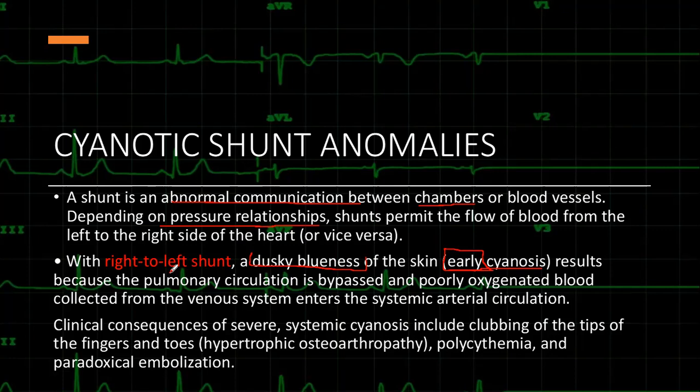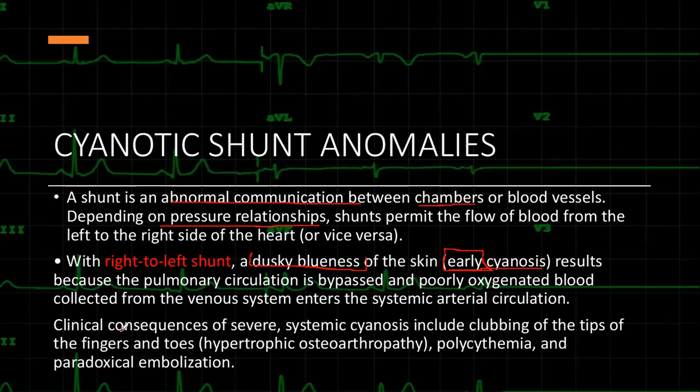Why? Because eventually, due to increases in the pressure in the pulmonary circulation in the left to right shunt, there'll be a shunt reversal, the Eisenmenger syndrome. So at first they are acyanotic, but with time, cyanosis presents. But in this case, early cyanosis is present.